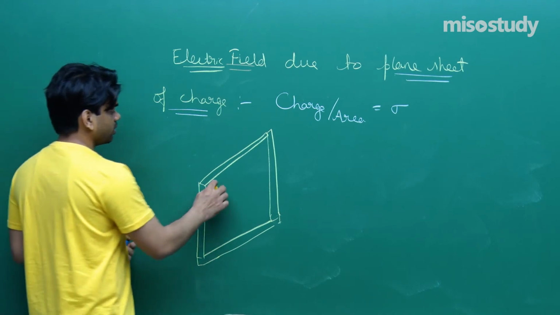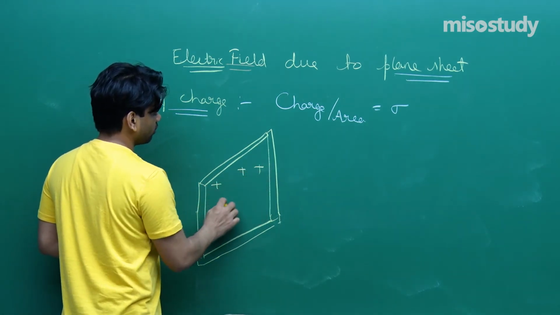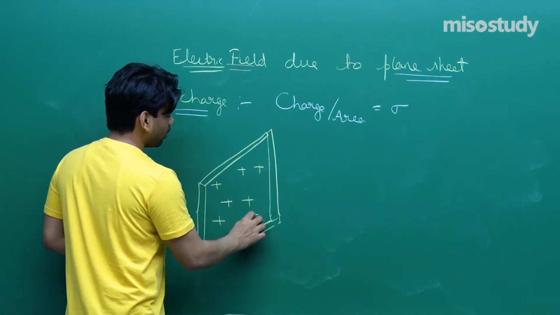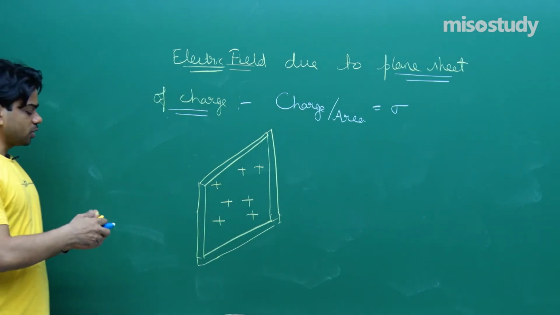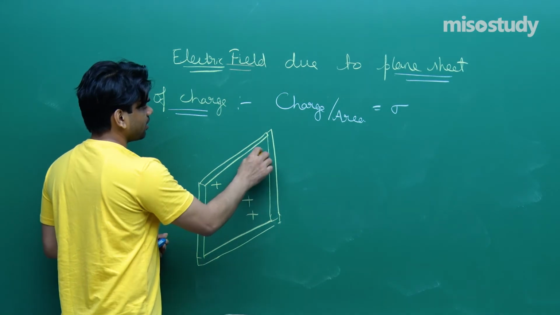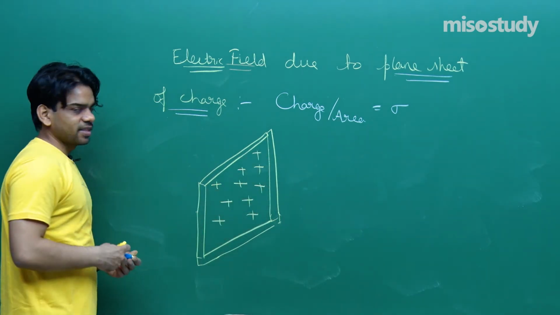Charges are distributed all over the area of the sheet. It's a very long sheet with uniform distribution of charges, the same everywhere at the front side and at the back side.